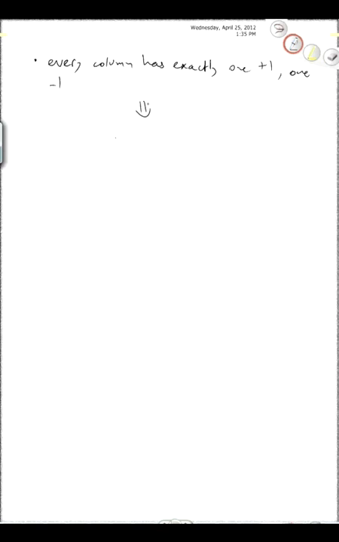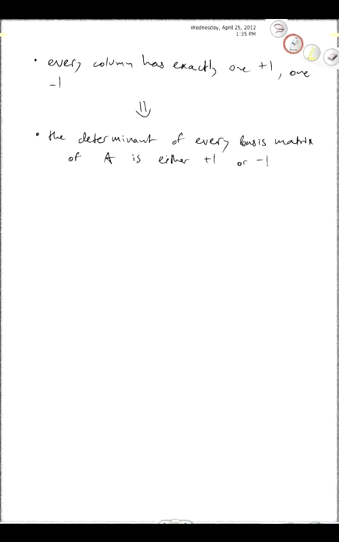But this property lets us show something else, that the determinant of every basis matrix of A is either +1 or -1.